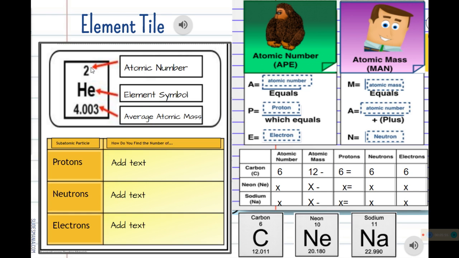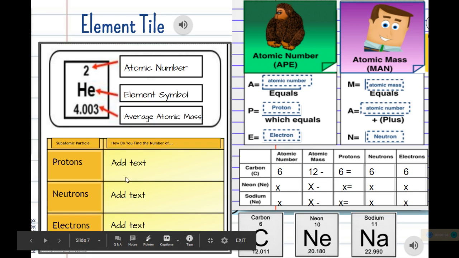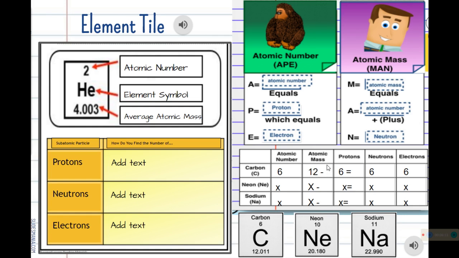Another way you could do it is say your atomic number plus your neutrons gives you atomic mass. So right here, to find our neutrons, we need to have the atomic mass minus the atomic number. So look here, we've got our atomic number and our atomic mass. So if we take 12 minus our atomic number, it gives us our neutrons, 6.